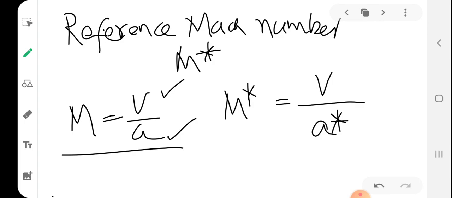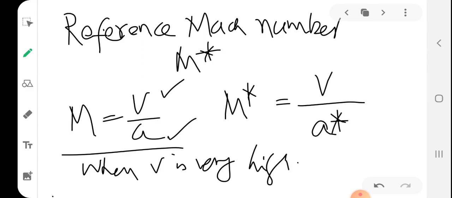The second is the magnitude of Mach at very high velocities. When velocity is very high, naturally Mach number increases. But students, you have to note that when velocity becomes very high, temperature decreases to very low values, because expansion is taking place. Expansion means loss of heat, it is accompanied by decrease in temperature.